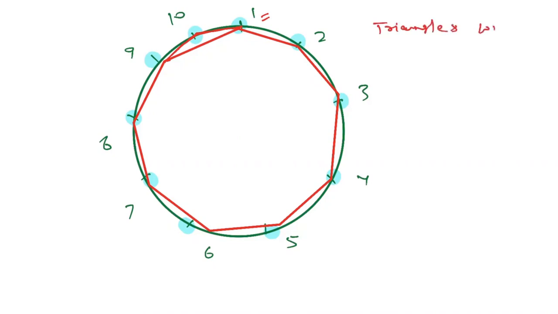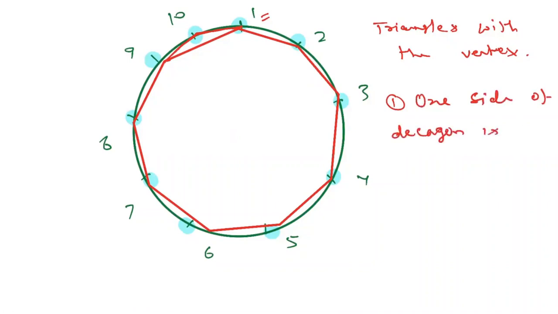Triangles with the vertex. First question. One side of decagon is the same as a side of triangle. One side of decagon is the side of triangle, right?